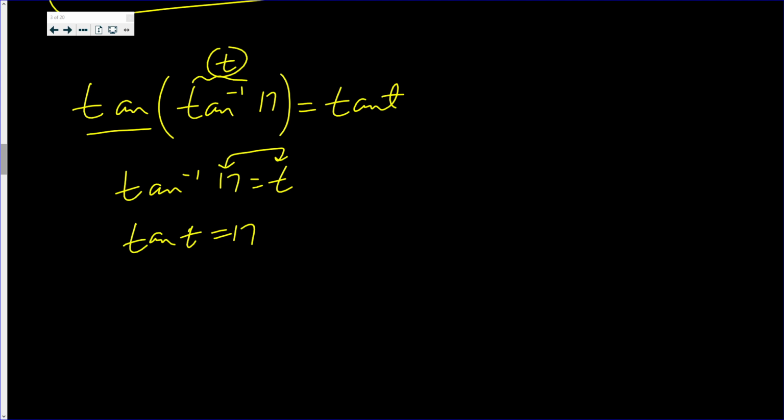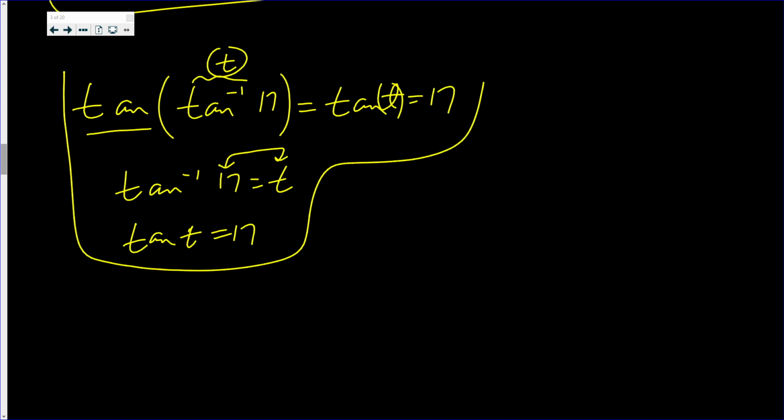Now, tangent isn't bounded by negative 1, 1. Tangent can go from negative infinity to positive infinity. So, yep, the tangent of t can be 17. In this problem, it is 17.